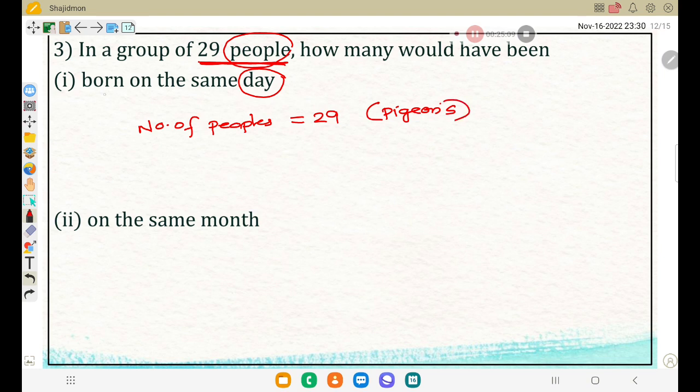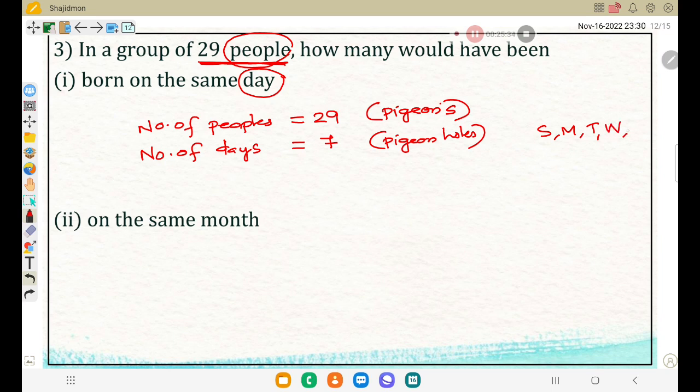Now, born on the same day, the day is the pigeonhole. So how many days are there in a week? 7 days, correct? So these are our pigeonholes: Sunday, Monday, Tuesday, Wednesday, Thursday, Friday and Saturday.